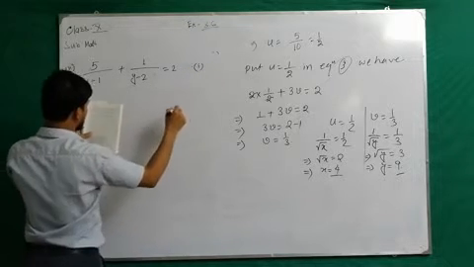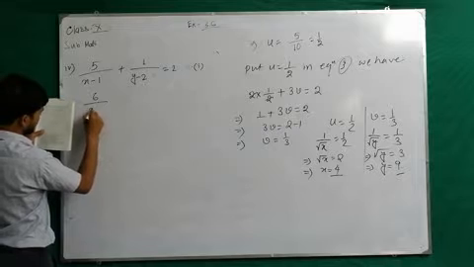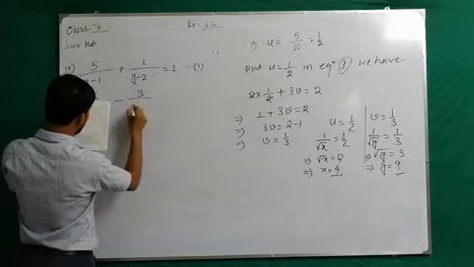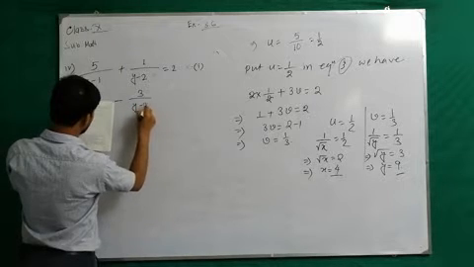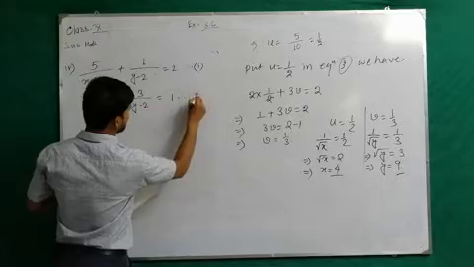This is our first equation. And the second equation is 6 by x minus 1 minus 3 by y minus 2 is equal to 1. This is our equation number 2.